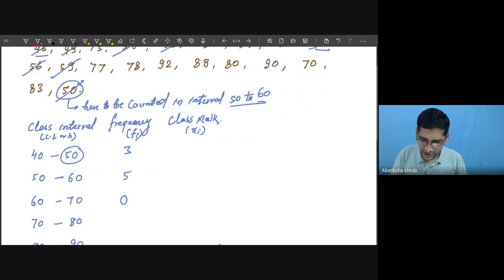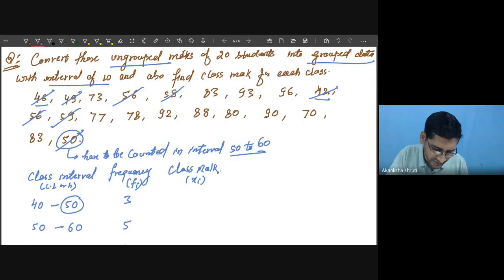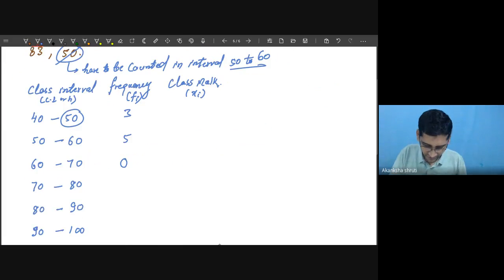Then we have to go for 70 to 80. Start from the beginning. 73 as 1, then 77 as the second, 78 as third, 70 as the fourth. So 4 are there. Then go for 80 to 90.